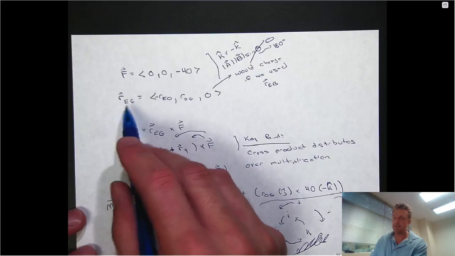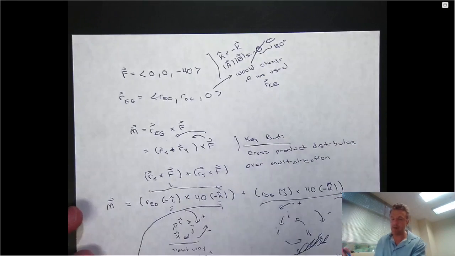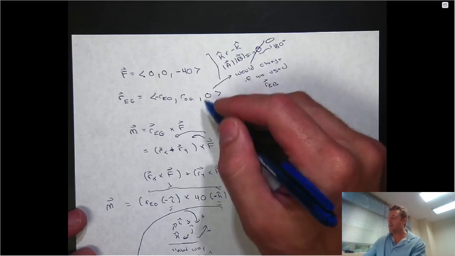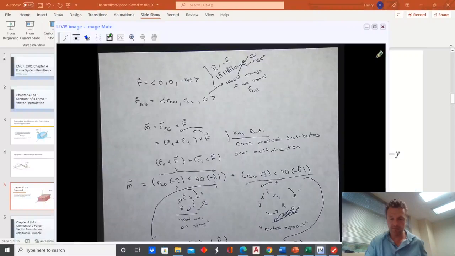So if I were to take a position vector that had a k hat component or a z component, it wouldn't contribute to the resulting moment at all because the cross product of those components would be 0.